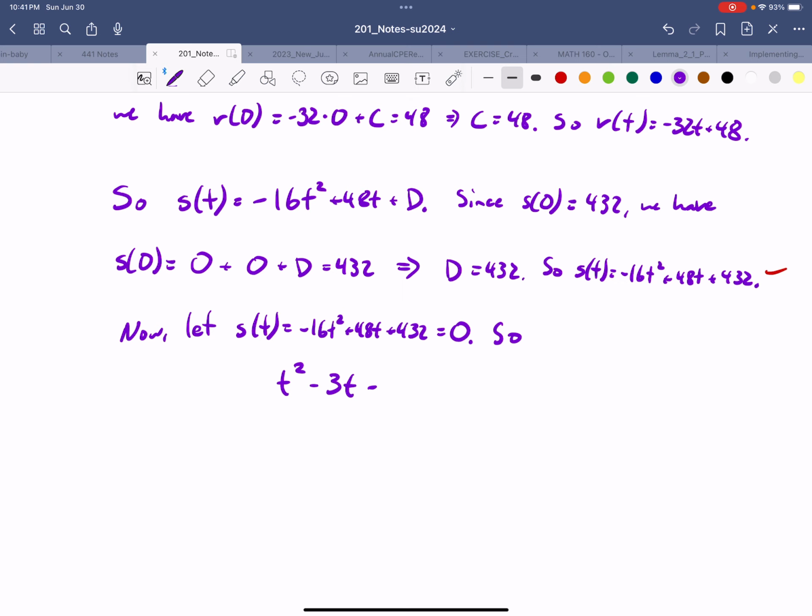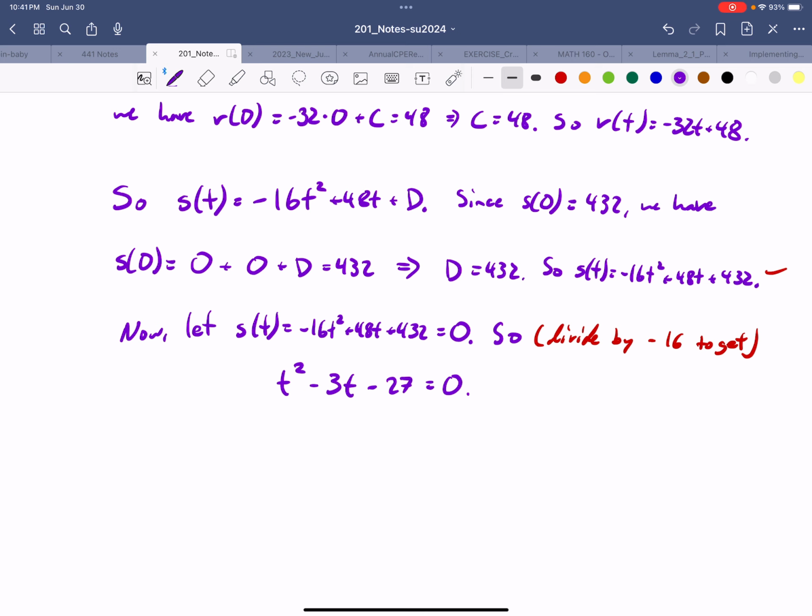How many times does 16 go into 432? Yeah, I'm pretty sure it's 27.